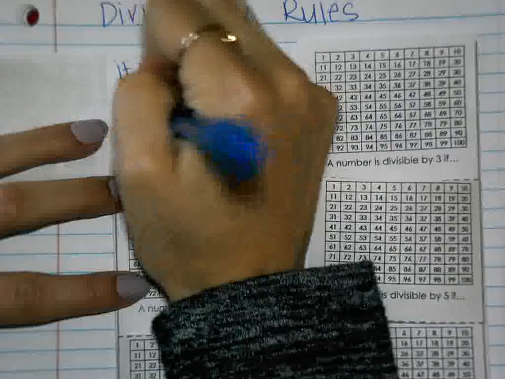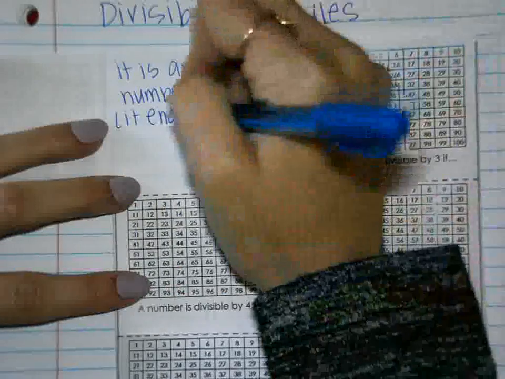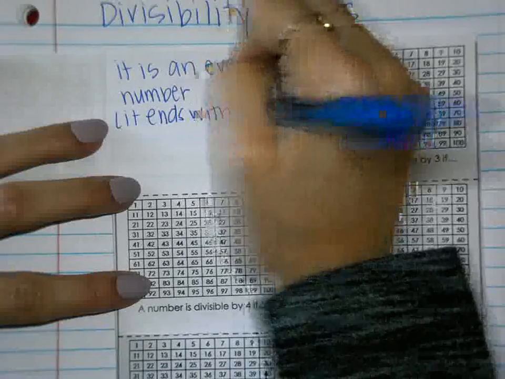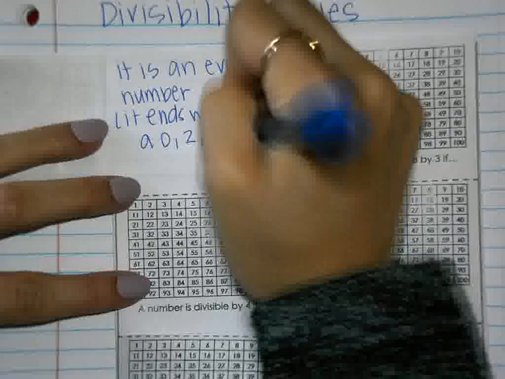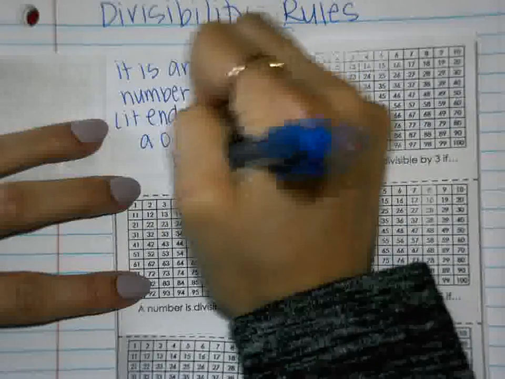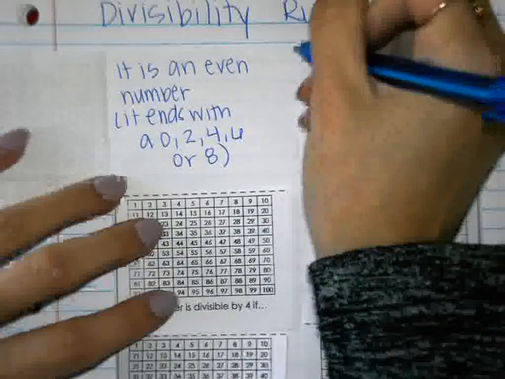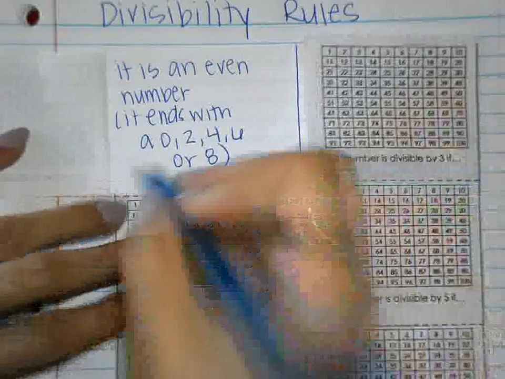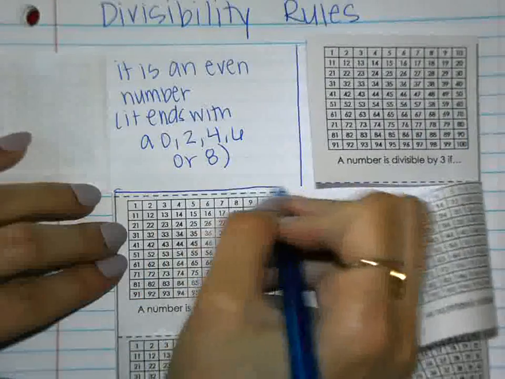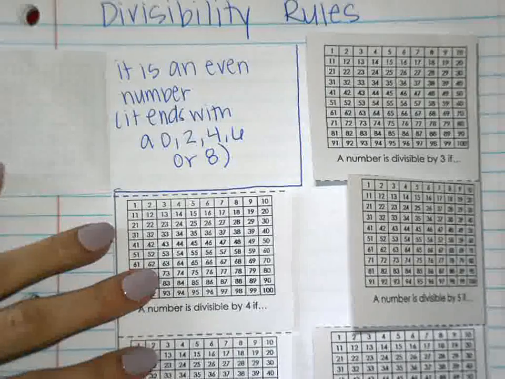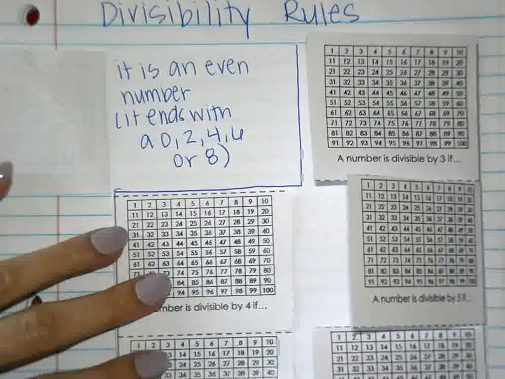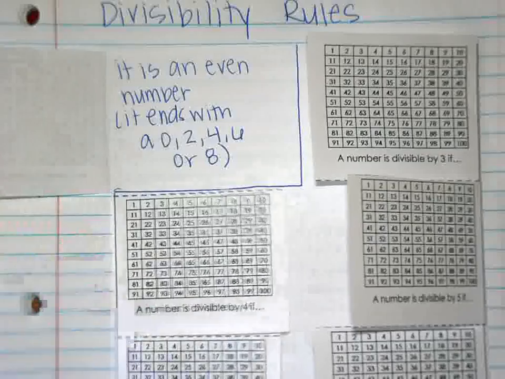Meaning, it ends with a 0, 2, 4, 6, or 8. And I'm going to box that in. So it's divisible by 2 if it is an even number, which means it ends in a 0, 2, 4, 6, or 8.